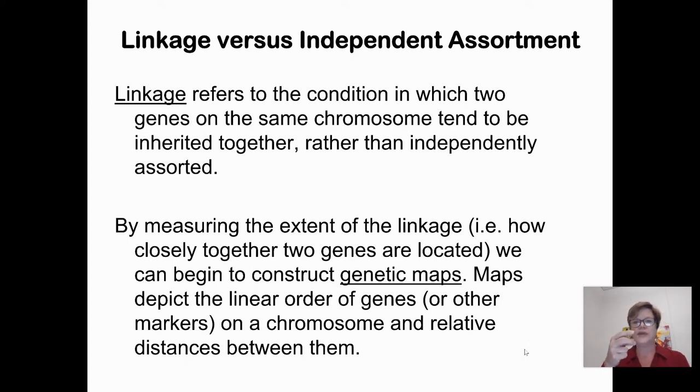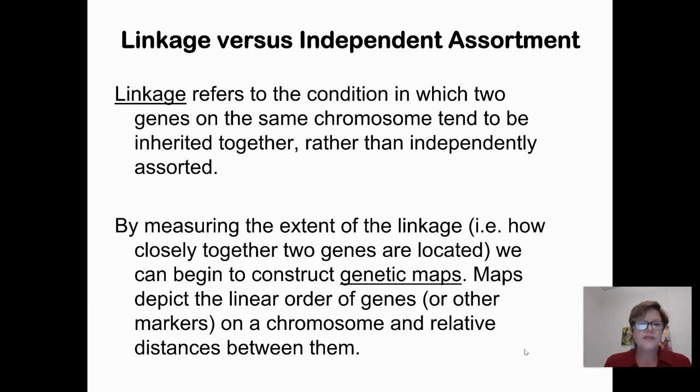That means they're located near to each other on the same chromosome. And so when genes are linked to each other, they tend to be inherited together rather than independently assorted. And really, we mean when alleles are linked to each other, they will tend to be inherited together. But I'll be explaining more about that in a minute.